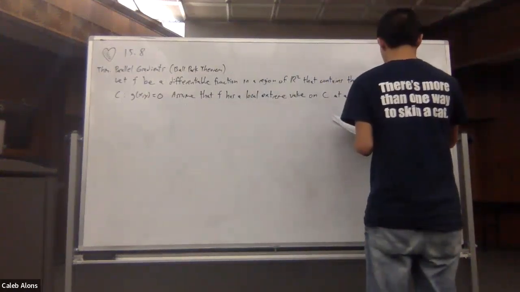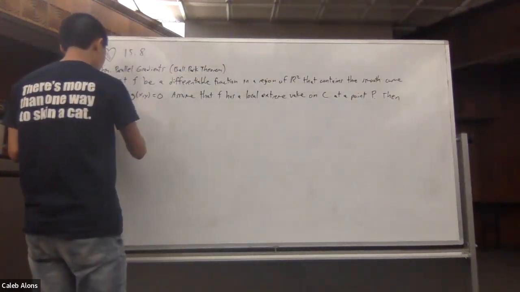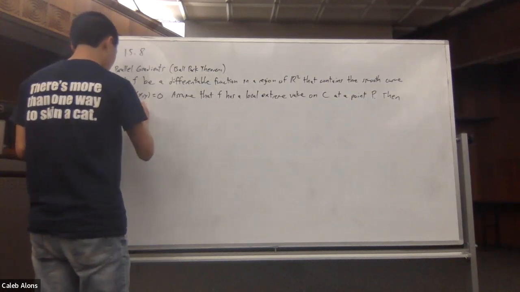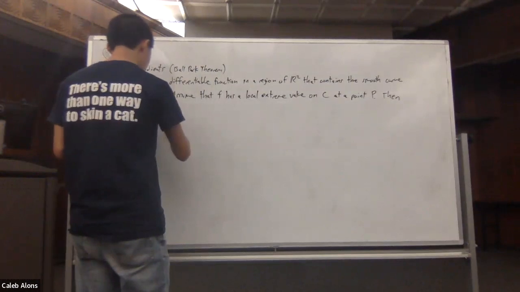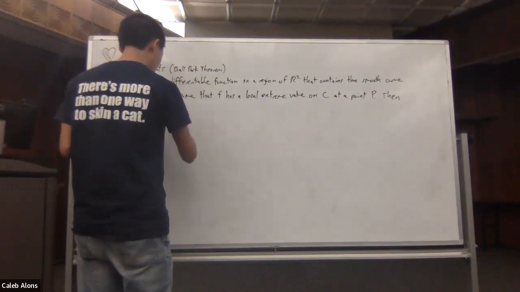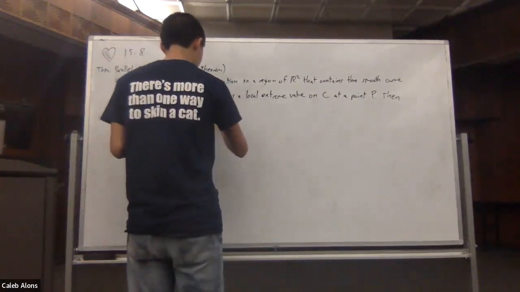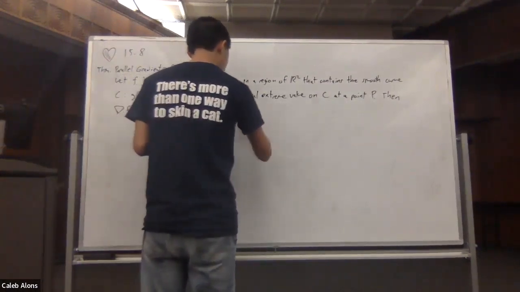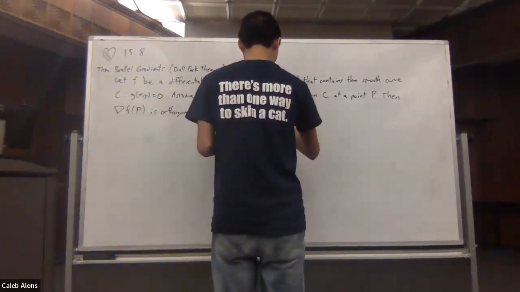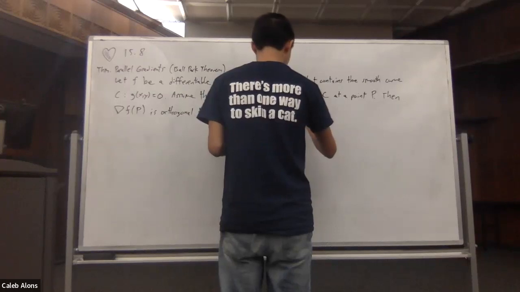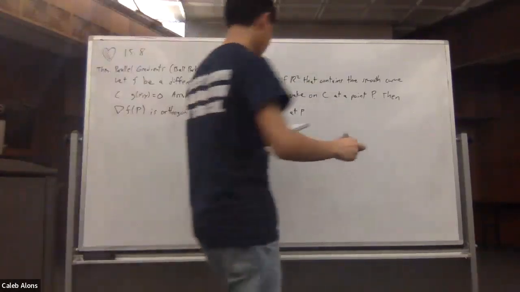So then, when we take the gradient of the original, think about this like the mountain. The gradient of the mountain at the point is going to be orthogonal to the line tangent to our constraint C, specifically at the point of interest, that point where there is that extreme value.